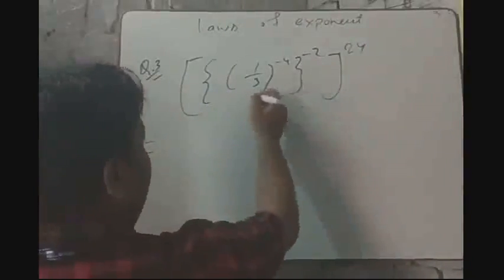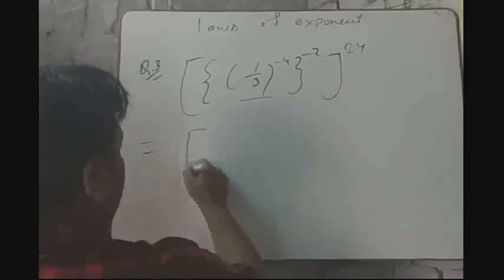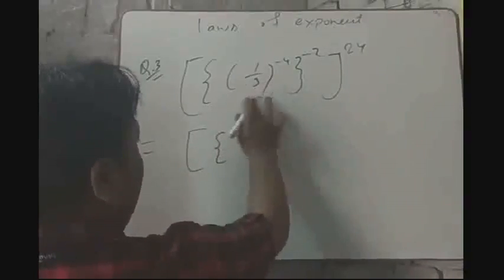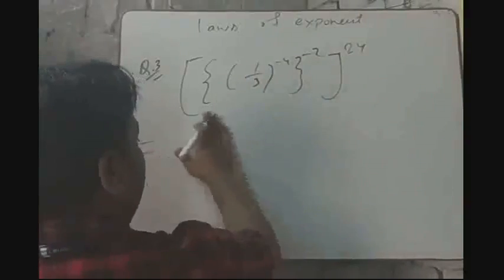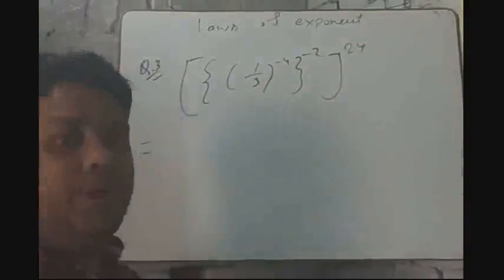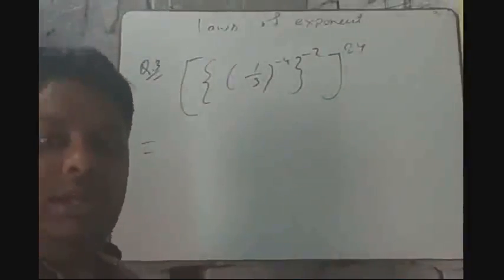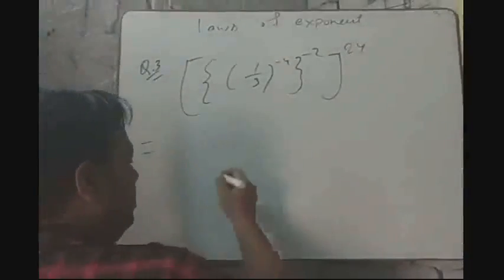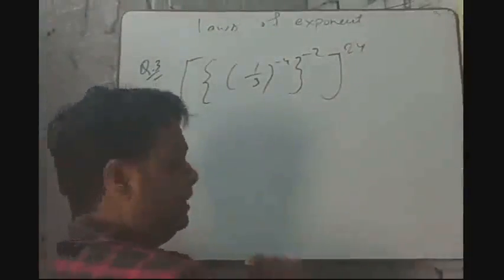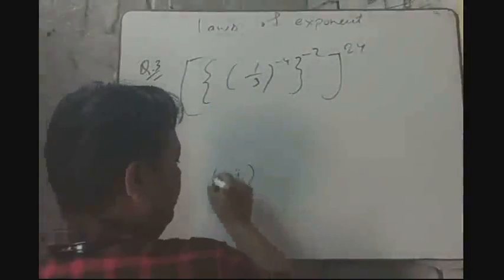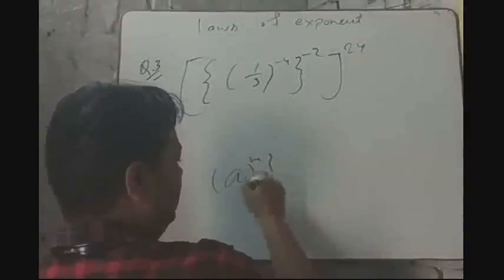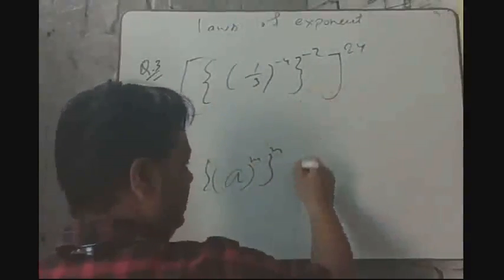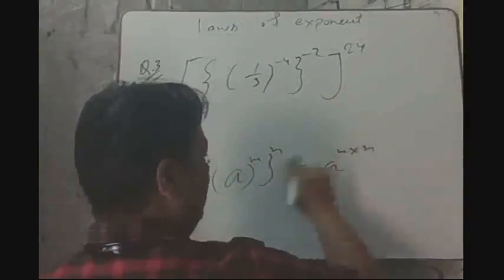See, that is, at first we will solve this one. Small bracket at first we will break. So it has power minus, but there is no need to break it one by one. In laws of exponent, I have explained if a base is same, but it has many powers, m, then n, then we will multiply all the powers.